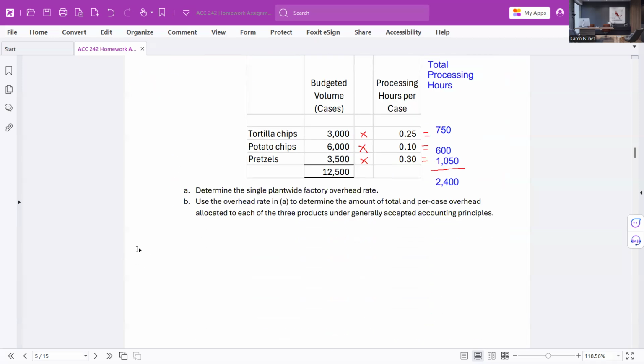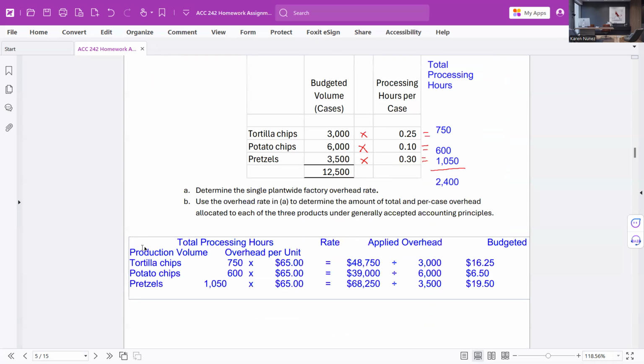So down here, let's put that, and we should be able to get that there. Let me just adjust these things a little bit here. Okay. So there's our rate.